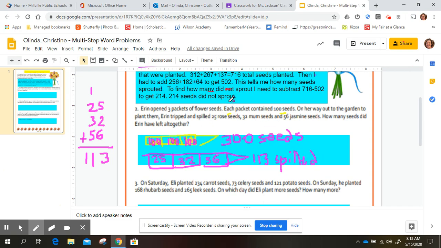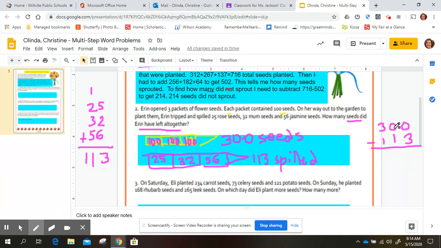The question wants to know, how many does she have left that she can still plant? Well, if she spilled these and she started with 300, I need to find the difference, or I need to subtract 113 from 300 to find how many she has left. And see, once I start here and I line up the numbers, I say, if I have 0, I can't take away 3, so I need to borrow. And I say, hey, 0, I need 1.